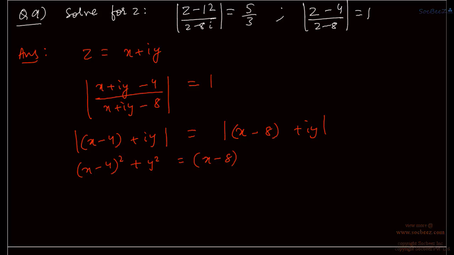That gives us (x minus 4) squared plus y squared is equal to (x minus 8) squared plus y squared, right? Now the y squared just gets cancelled and we have (x minus 4) squared equal to (x minus 8) squared. Now without solving also you can see that this is equal only when x lies between 4 and 8, or x is equal to 6, right? You can actually do rigorous calculation also, but since this is a very simple one, (x minus 4) squared is equal to (x minus 8) squared. Now just taking the root and you can see that (4 plus 8) by 2 gives us 6, right?